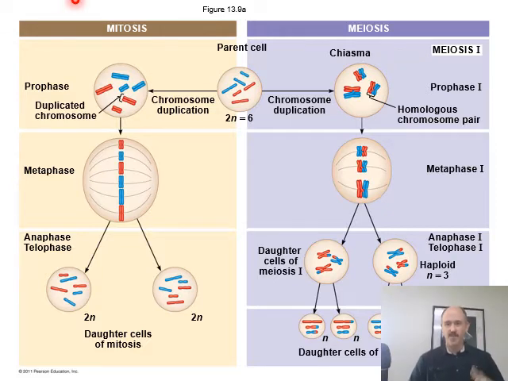In the case of meiosis, you have the same thing. You have chromatids replicated, but homologous chromosomes are paired up. So once again, if you haven't grasped what a homologous chromosome means yet, remember, we're talking about your cells. You have 46 total chromosomes in there, but each one has a partner.